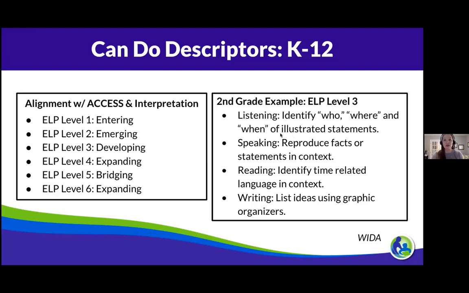This is saying that with illustration and at a statement level, not a paragraph or a story level, he should be able to identify the who, where, and the when. In speaking, he should be able to reproduce. So this isn't necessarily create facts, but again, that he's been told the facts and he's reproducing or repeating them, and he has context to support him.